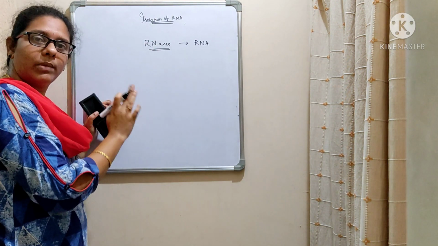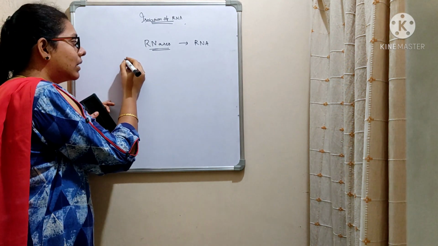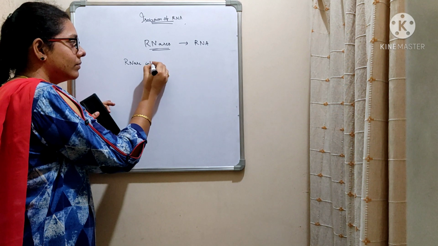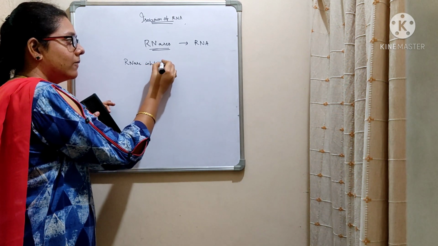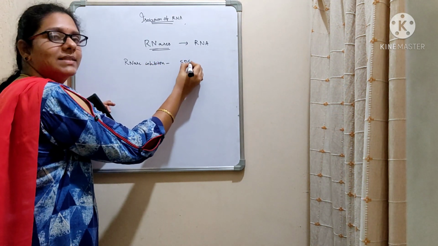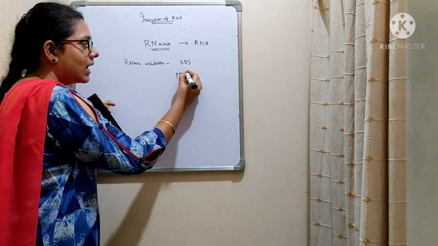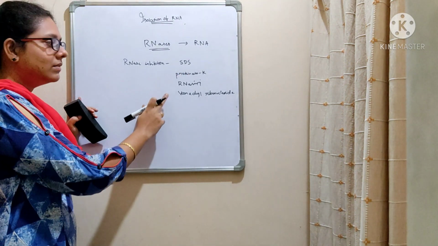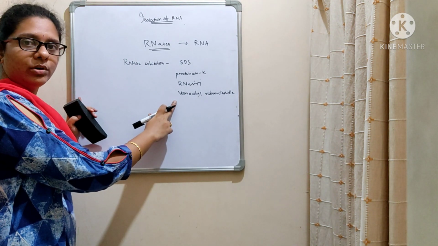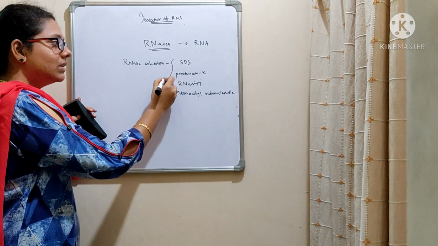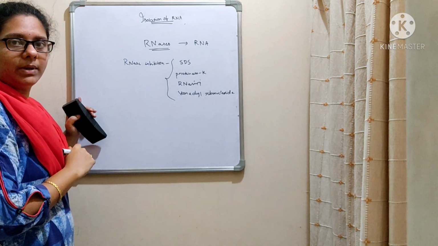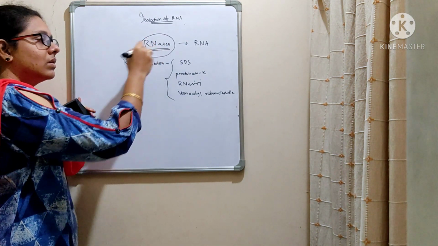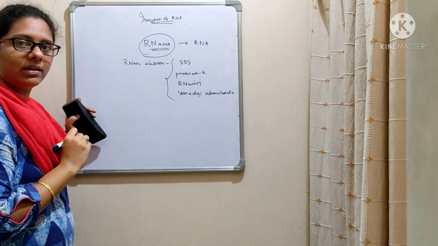To avoid the problem of RNases, we can include certain RNase inhibitors, which include sodium dodecyl sulfate, proteinase K, RNasin and vanadyl ribonucleoside. So these are the RNase inhibitors. We can use any of them to avoid the problem with RNases.